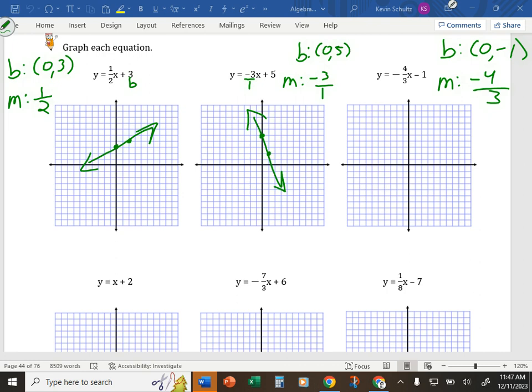So 0, negative 1 on the y-axis. That's our first point. That's our y-intercept. And then we move negative 4/3: down 4, right 3. There we have it. Your line should look like that.